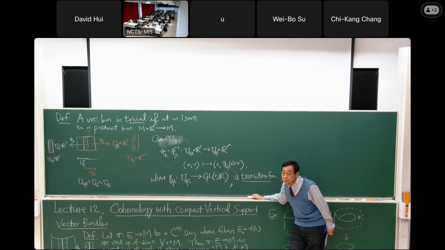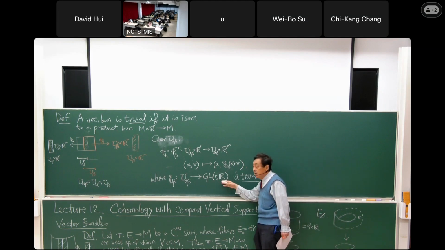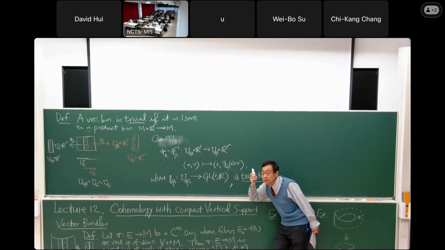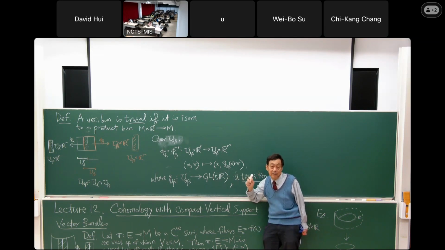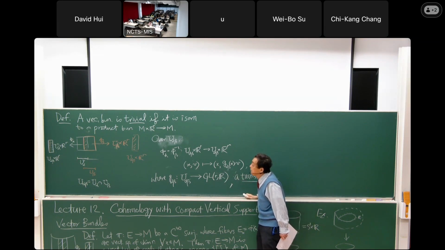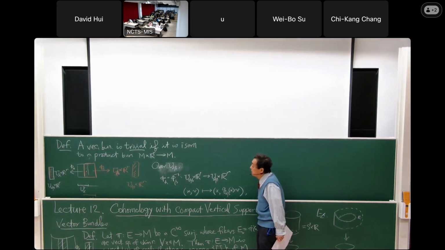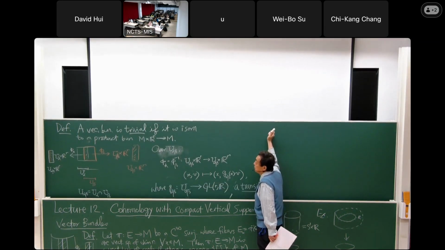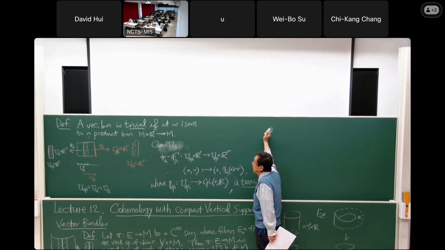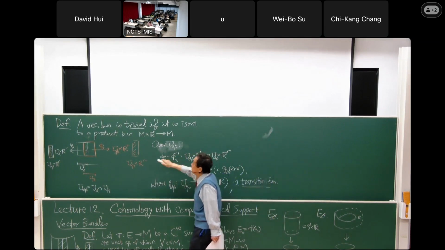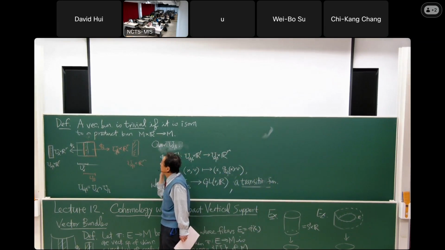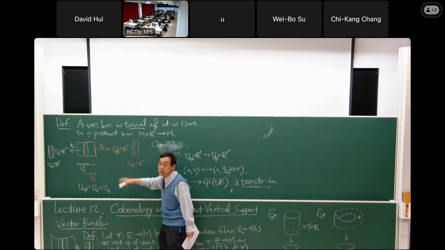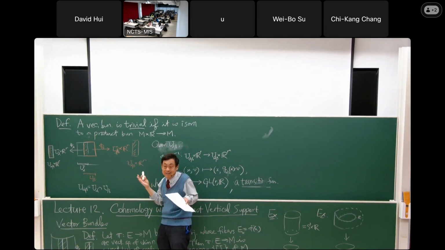So for a vector bundle, the transition functions always have values in the general linear group. But sometimes they can have values in a subgroup. So for example, if you fix an orientation, well, R to the R has a standard orientation, right?